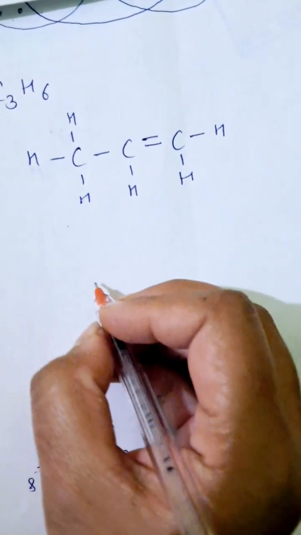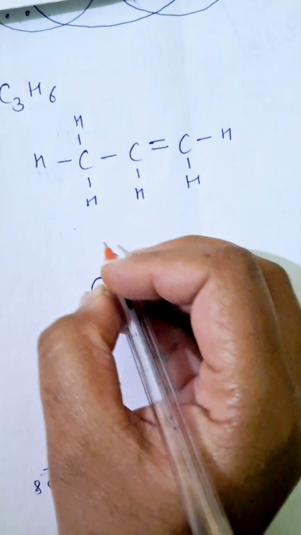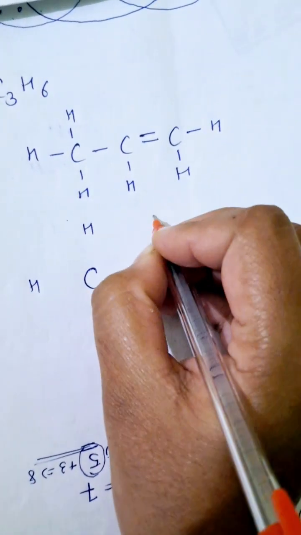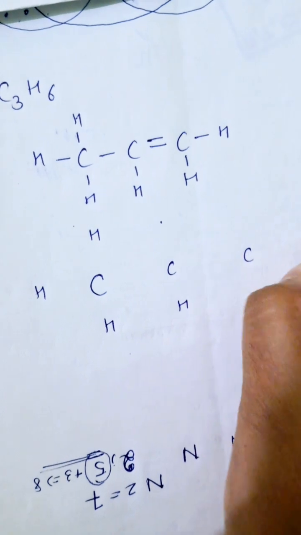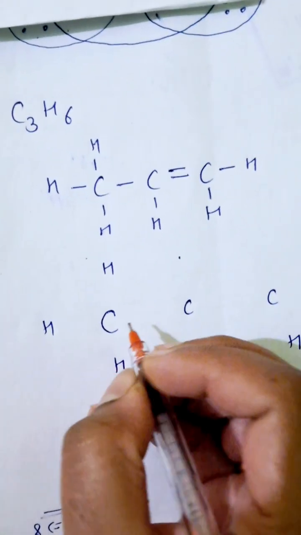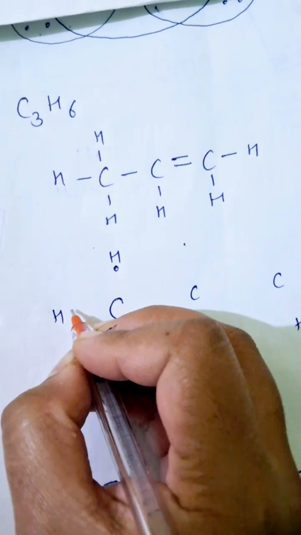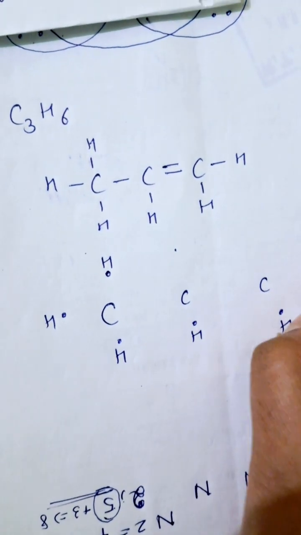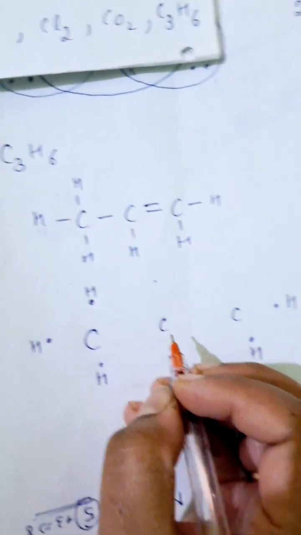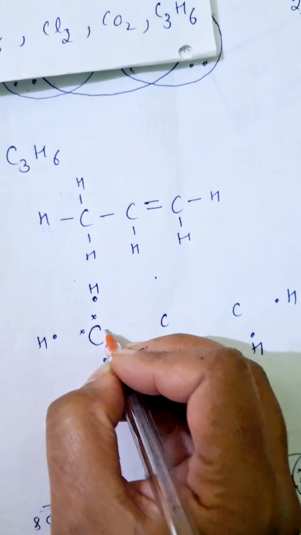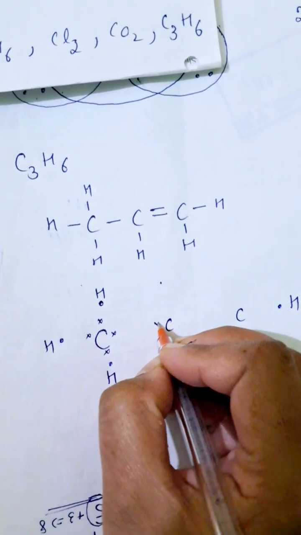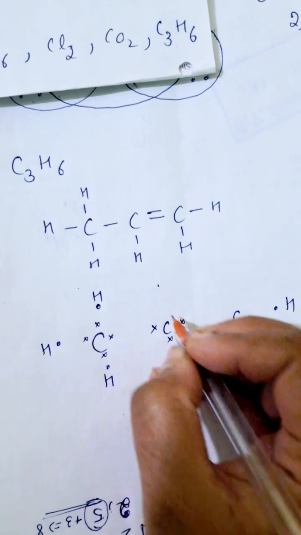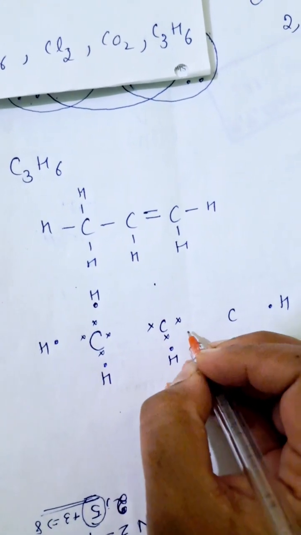Okay, so same way, carbon, I will write down the hydrogen here. Now here this hydrogen is having 1, 1, 1 electrons. Now this carbon, I will show the electrons. 1, 2, 3, 4. Now 1, 2, 3, and then it will have 4 bonds.